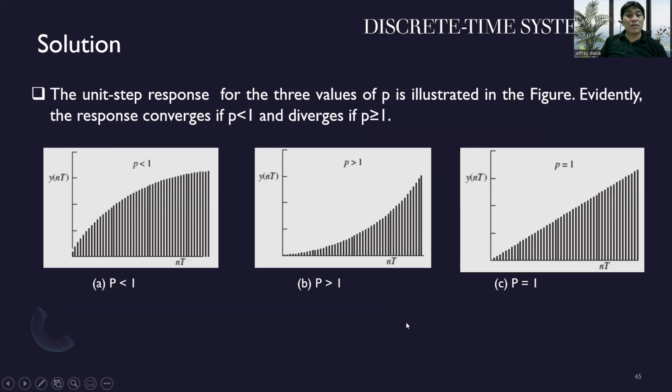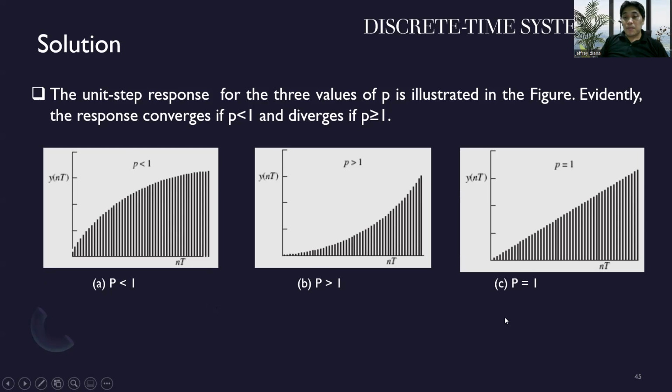The solution of the unit step response for three values of p is illustrated in the figure below. Evidently, the response converges if p is less than 1 and diverges if p is greater than or equal to 1. So in our first diagram, diagram A, p is less than 1. In the next diagram, p is greater than 1.